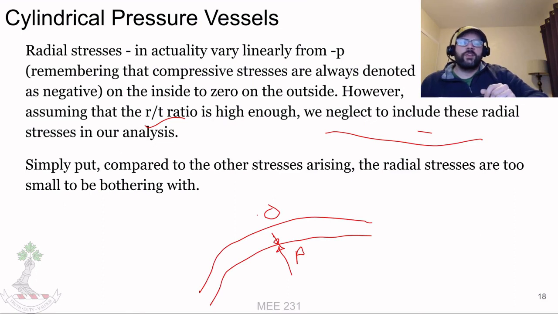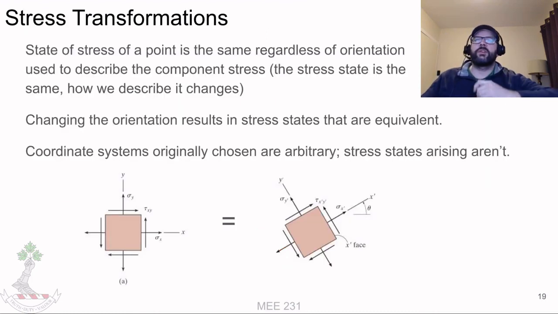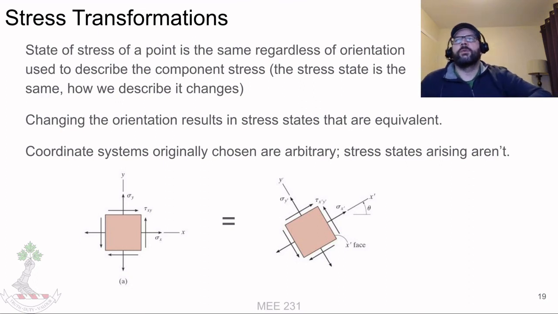Stress transformations is kind of the last topic we'll be touching on, and basically the thing you need to keep in mind with stress transformations is that the orientation of the coordinate system you chose at the beginning was completely arbitrary. But the state of stress at a particular point is not arbitrary. It is based upon what loads you apply to this thing.